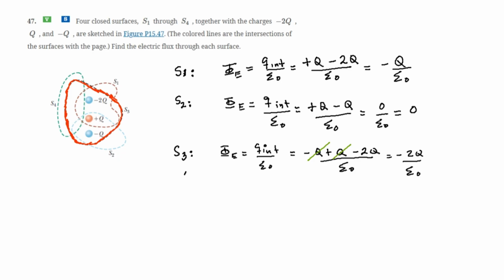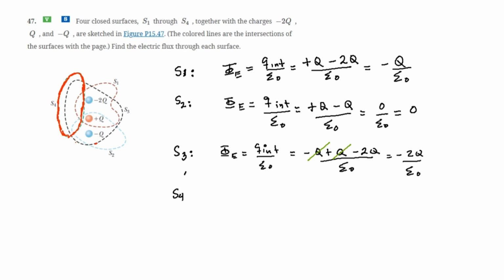Now, let's find the last. The last one is through S4. And we highlight in red S4. And as you can see here, S4 doesn't contain any charge inside.